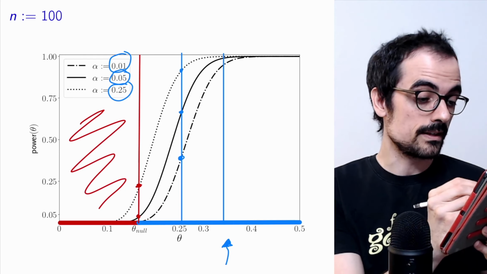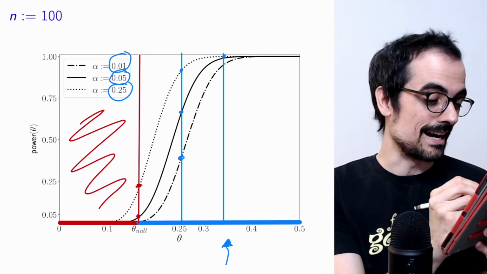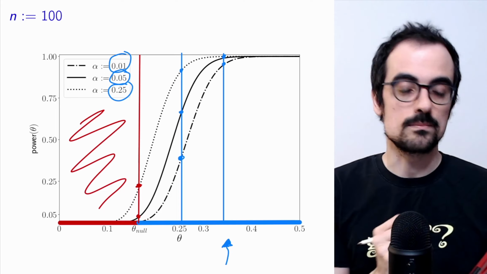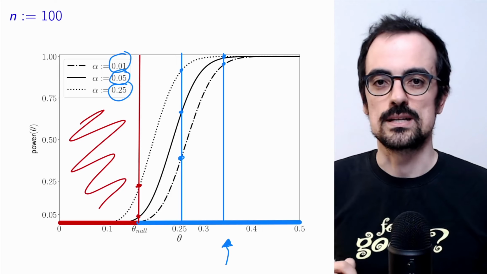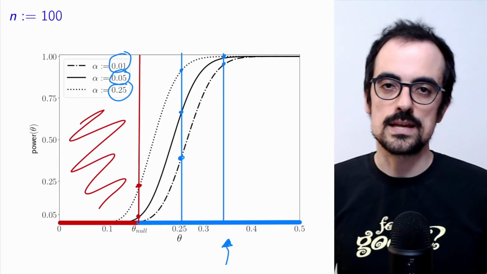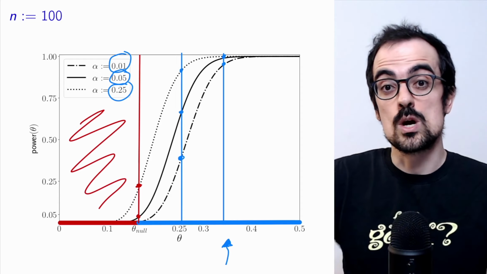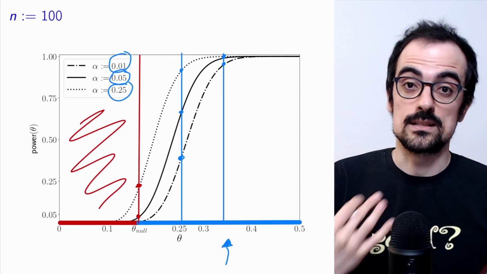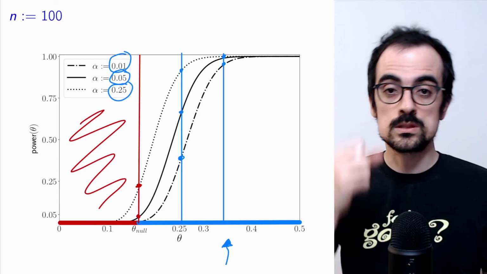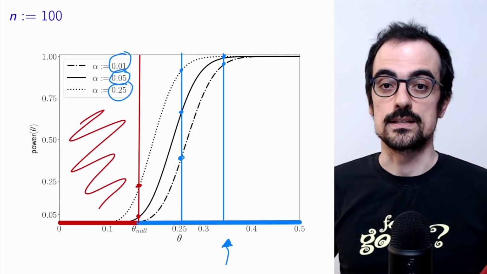For all the significance levels, the probability of detecting it is very high. For 0.01, it's still maybe 90-something%, but for the others, it's almost 100%. So this tells us for what values of theta, the probability of rolling a 3, we're likely to actually detect that the die is biased, that the alternative hypothesis holds, for the different significance levels.